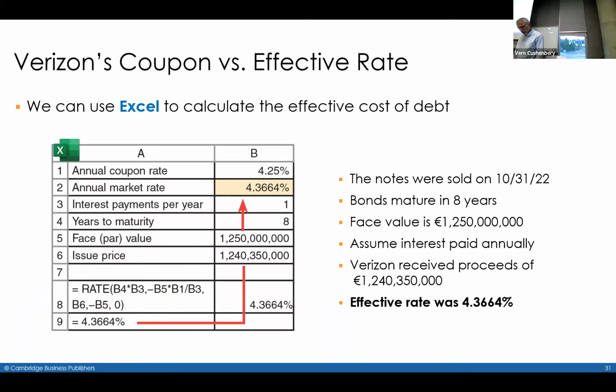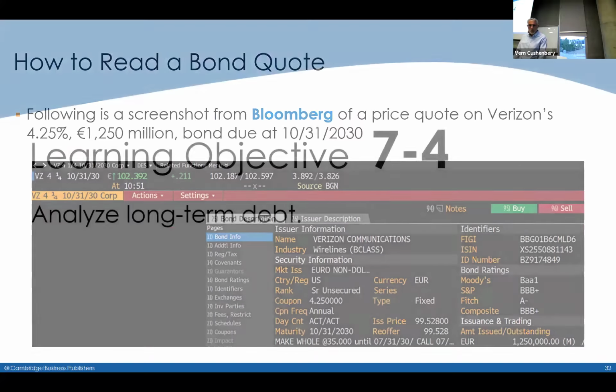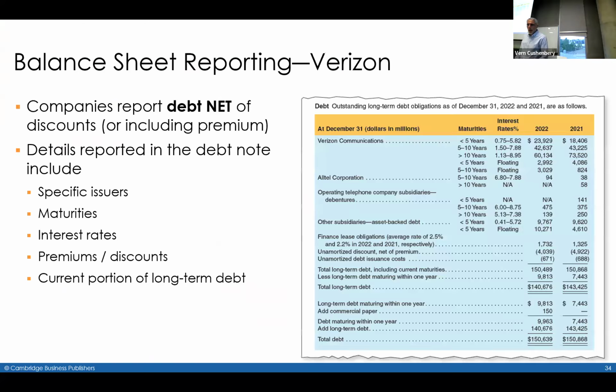are tables in the back of your 10K, and I have an example for you here in a moment, that show you the issuances outstanding for a company like Verizon. That looks like this. So here you have Verizon.